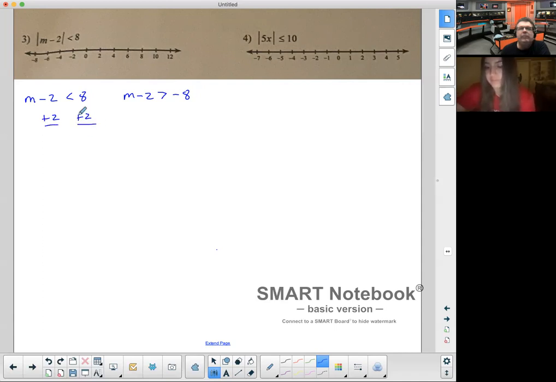So we add 2. I got -6 for the other one. Now, is our circle going to be open or closed? Open. There you go.